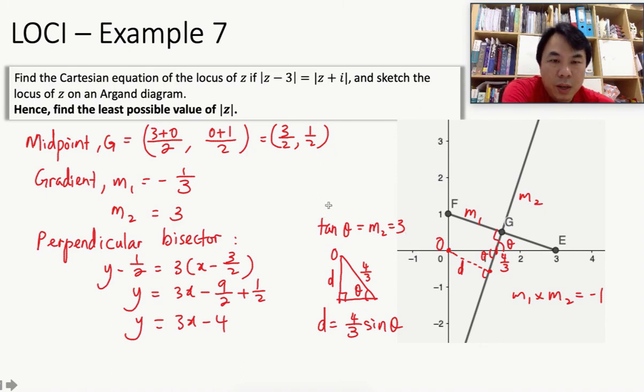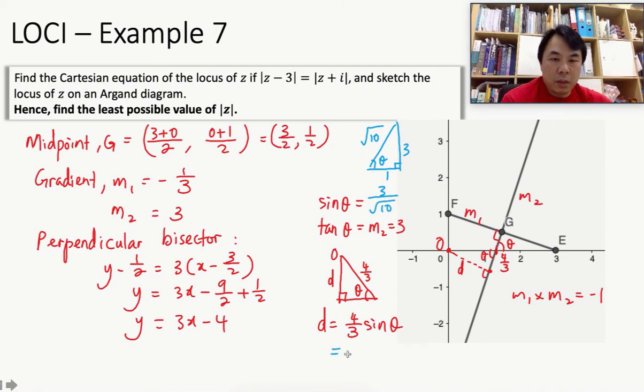Therefore, you can work out the sine theta by drawing another triangle here. This triangle is different from the previous triangle. We draw it to represent the ratio of tangent. So here, theta is opposite 3 and adjacent 1, so there is a tangent, and the hypotenuse is root 10. Sine will be 3 over root 10.